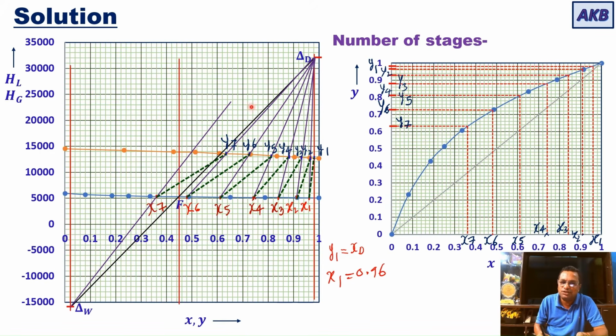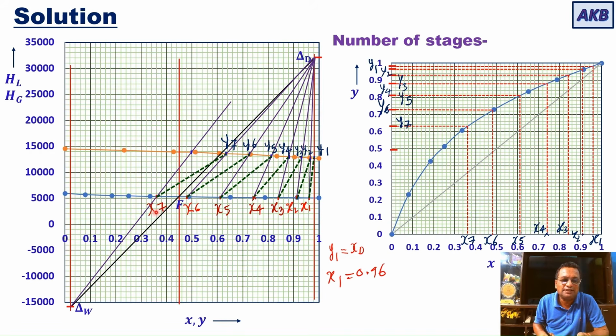Now, instead of going to the point delta D, we have gone to the point delta W. The reason is we have crossed the point F. We have extended the same line so that we get its intersection on the upper curve. That will be Y8, the next value of Y.